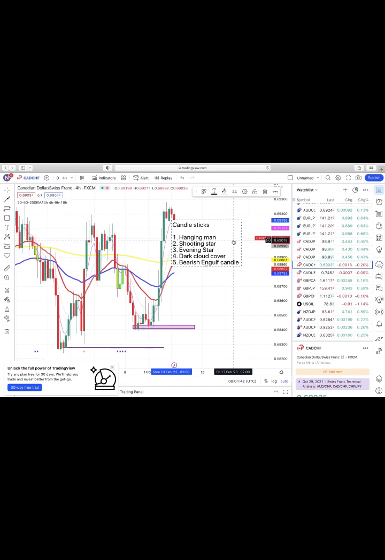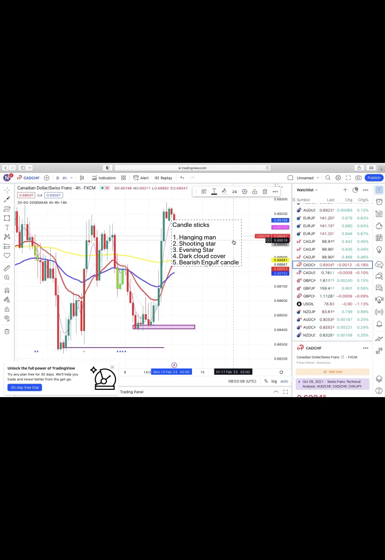Candlestick formation is very key in forex trading, because it confirms a lot of things.